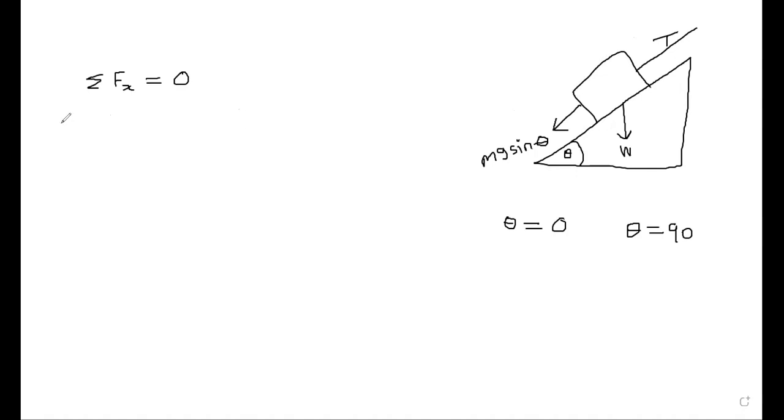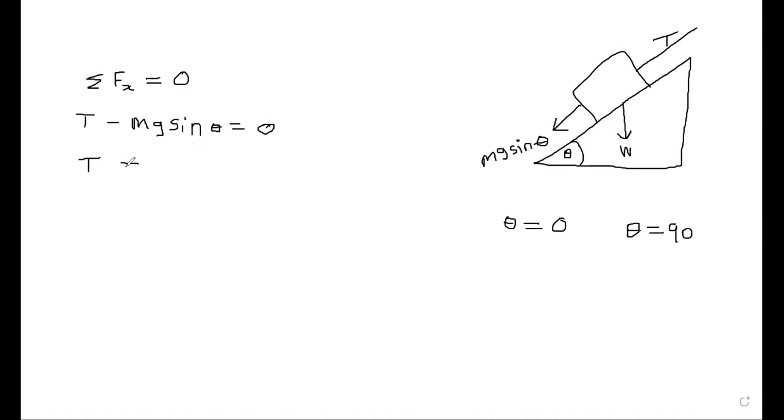This means that tension is positive and mg sine theta is negative, and we say they will equal 0.